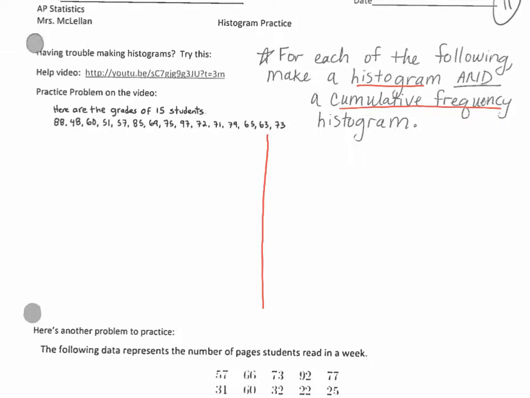So we've got a histogram. This is grades of 15 students. So my bottom here is grades, and then my side is going to be frequency, because that's how many students fall in each bar.